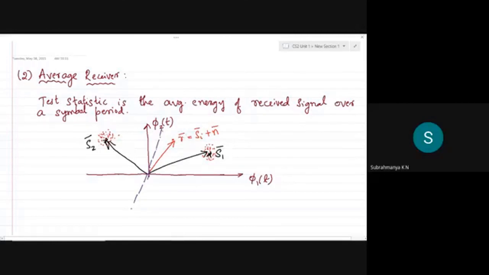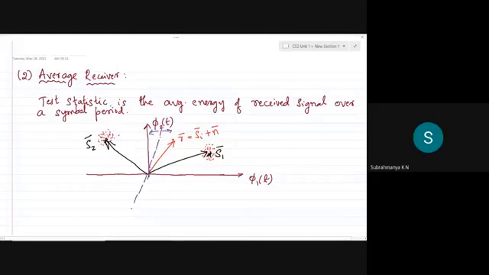If the average value is on the right of this decision boundary, I would regard it as symbol S1. If my test statistic falls on the left side of the decision boundary, I would regard it as symbol S2. In this example, it seems to favor symbol S1. But it may happen that the average energy of the received signal over a symbol period falls on the boundary, or if S1 is transmitted, the received vector could fall in the decision region of symbol S2.